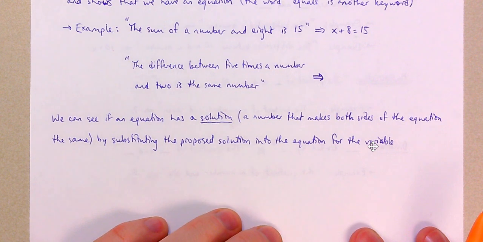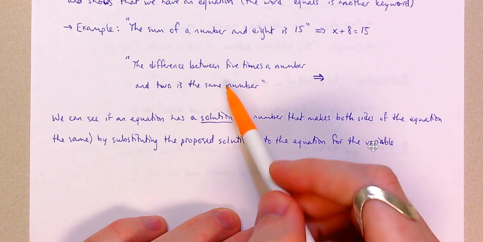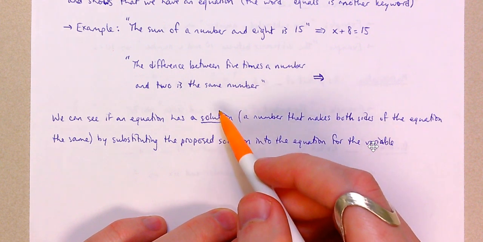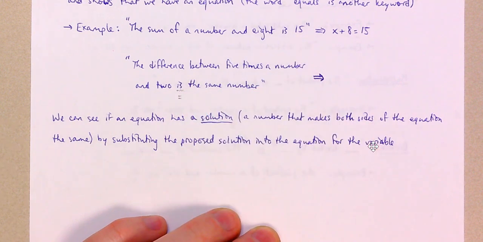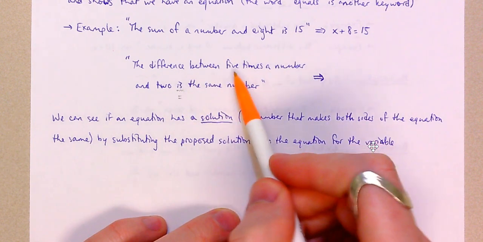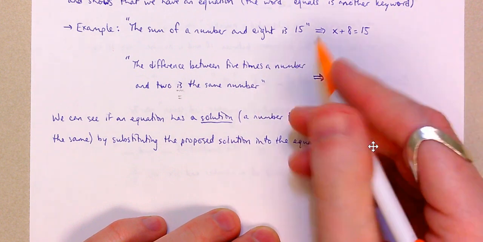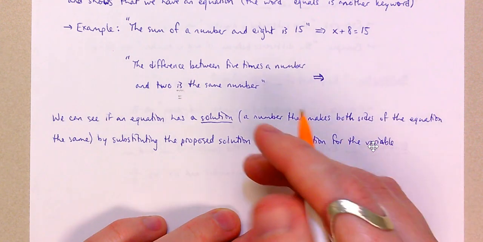So this one here, the difference between 5 times a number and 2 is the same number. So there's our equal sign there. The difference between 5 times a number and 2. Well, a number, again, there's our variable, our x.